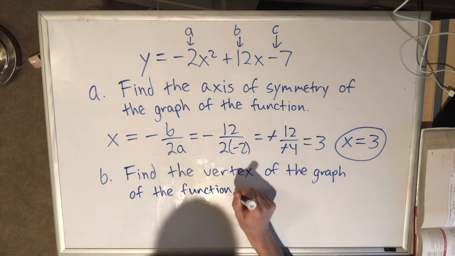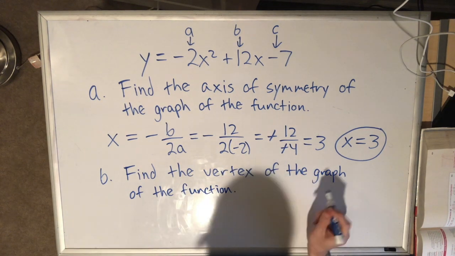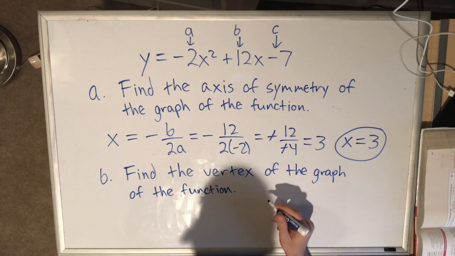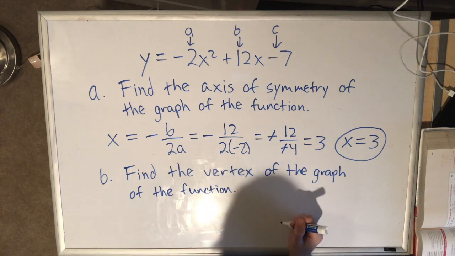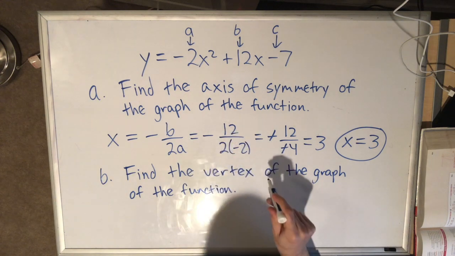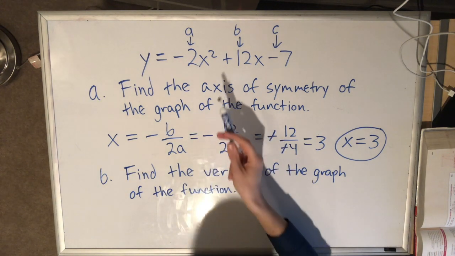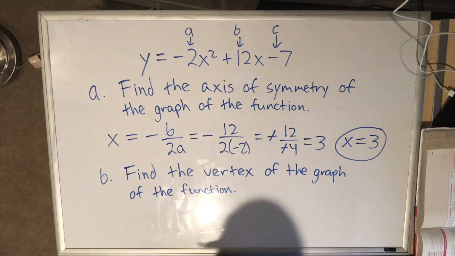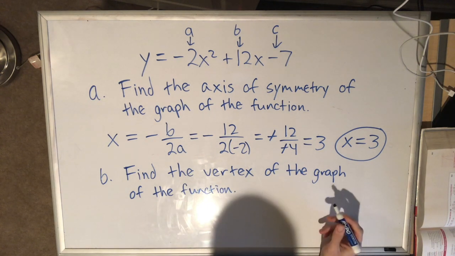In this case, the parabola formed from graphing y equals negative 2x squared plus 12x minus 7 opens downwards. It's an upside down U because the squared term is negative 2x squared.